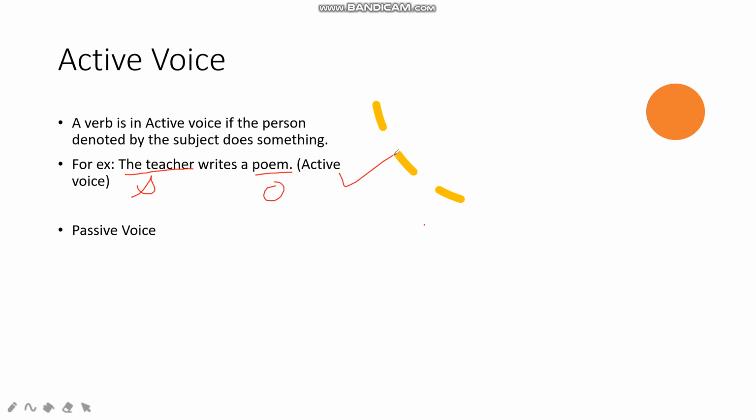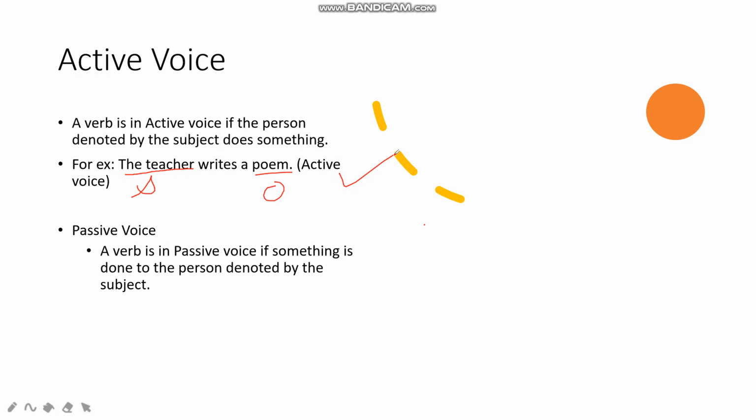Now, what is a passive voice then? A sentence is considered passive when the verb shows that the subject is not the doer of the action. Look at the same sentence, I've written it in a different way. A poem is written by the teacher. Here the subject is the poem and the teacher becomes the object.